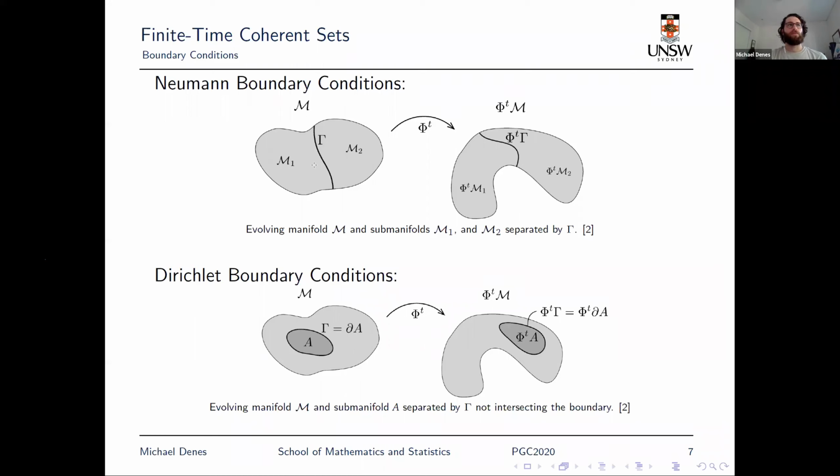So Neumann boundary conditions are really useful when we're trying to find jets or fronts or currents, the boundaries, because we can take a domain and just find the line or the curve that splits the domain where the jet or the front is. Whereas you have to go further along to find eddies.